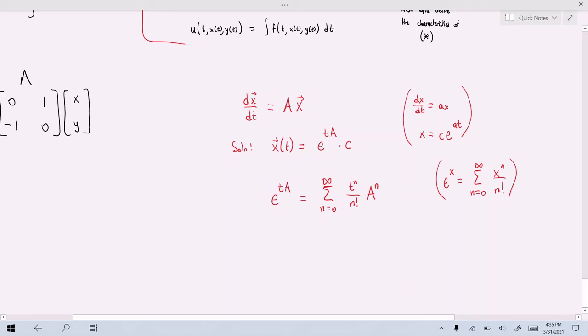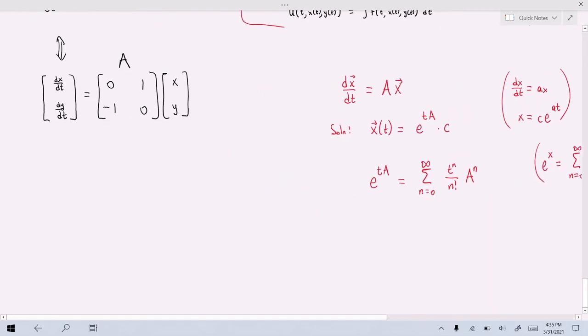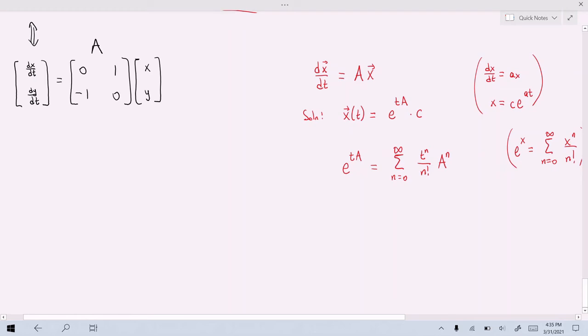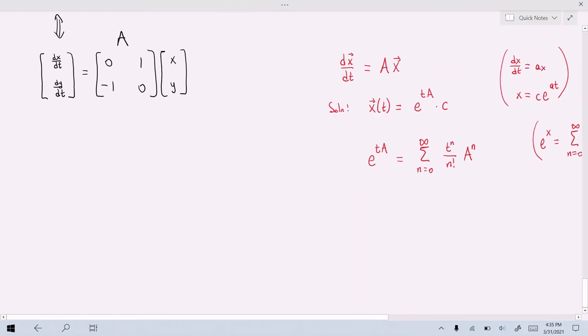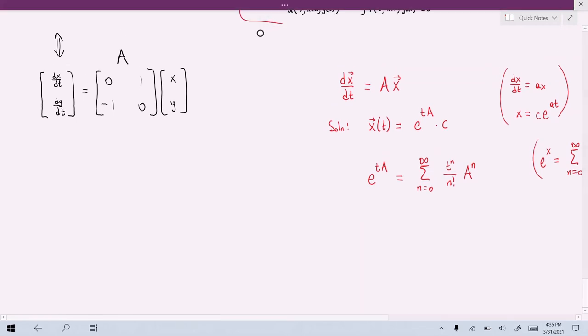One can prove that that series always converges, so the matrix exponential is well defined. All right, so let's apply that to the problem at hand.